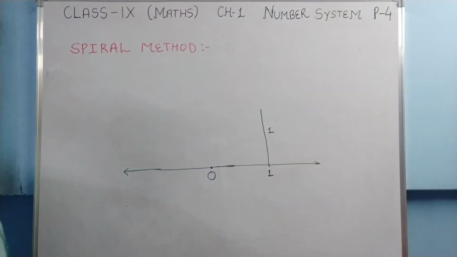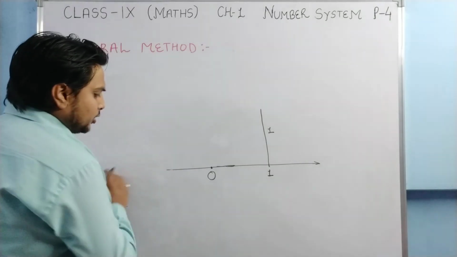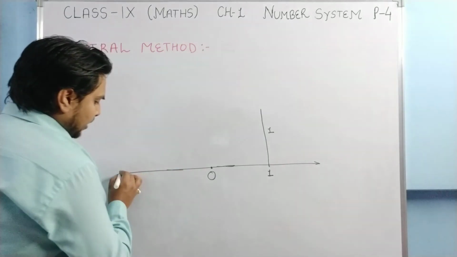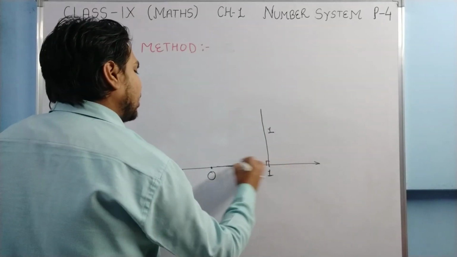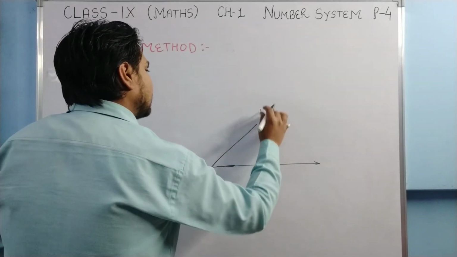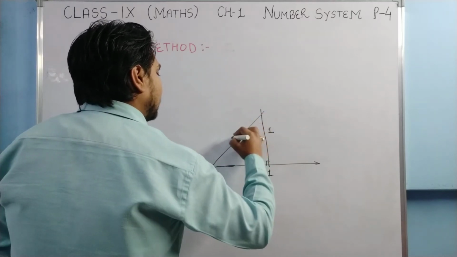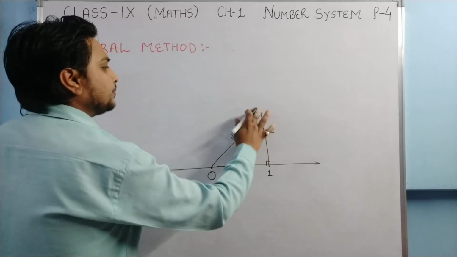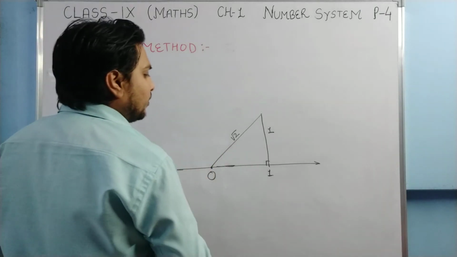It will start from under root 2. So how will we show under root 2 on the number line? We will show it by taking base as 1 and perpendicular as 1. Then at the hypotenuse we will get under root 2 unit.